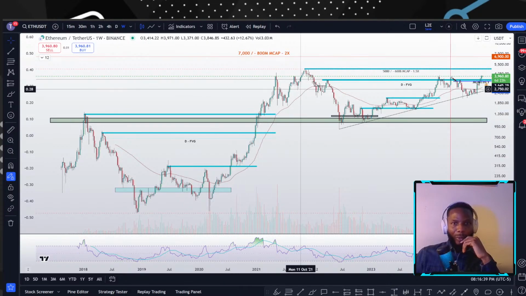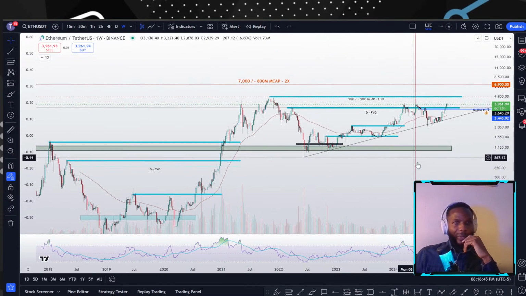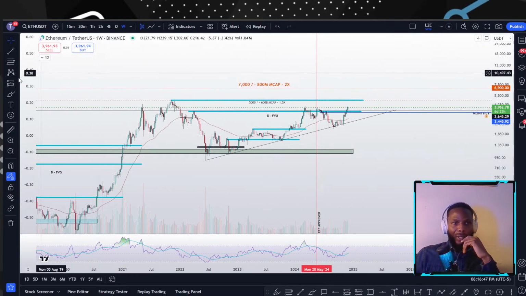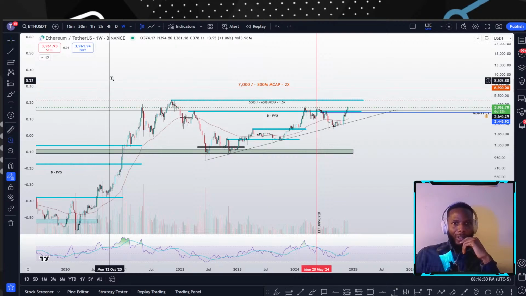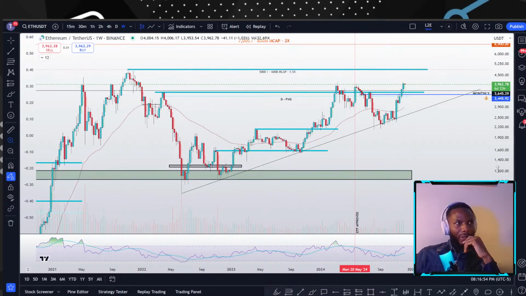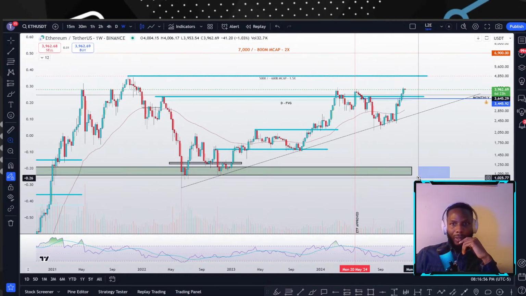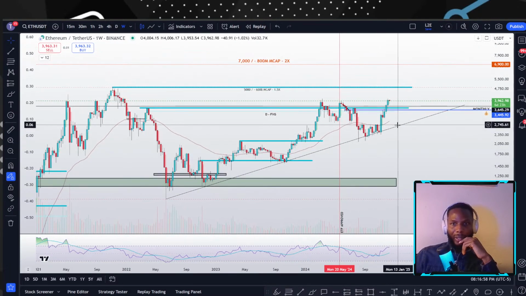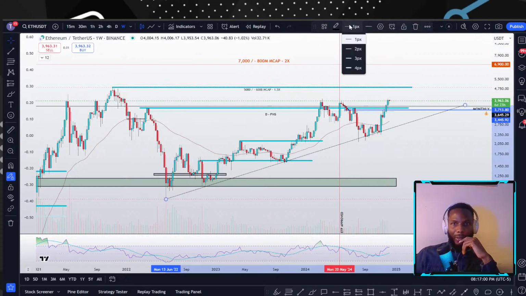We came down, we broke above it, and now we tested it as support. We actually came and tapped it twice, and then we started this uptrend right here. So let me zoom into this part here. It makes more sense. And I'll make this line thicker.